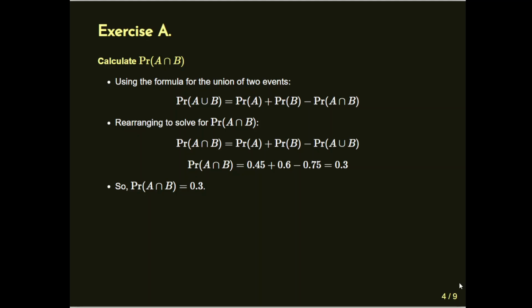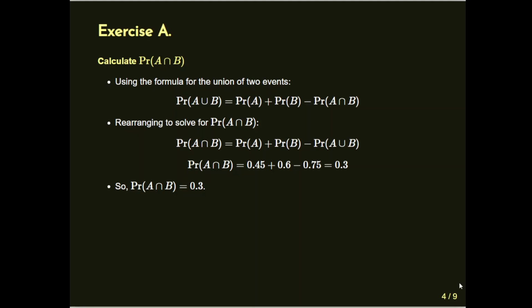So exercise A, the first exercise: calculate the probability of A intersection B. What we're going to do here is use the formula for the union of two events. How you would usually state this is the probability of A union B equals the probability of A plus the probability of B minus the probability of A intersection B. But we're going to rearrange this algebraically so that we have an expression for the probability of A intersection B. So essentially we move them round, swapping one from one side to the other.